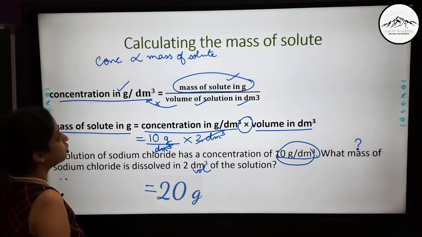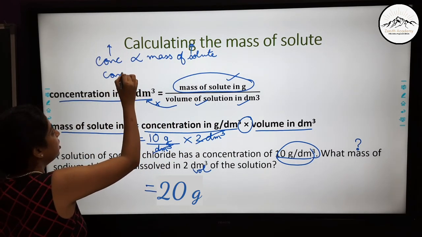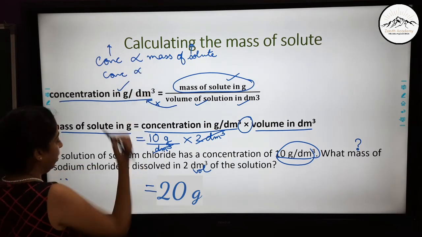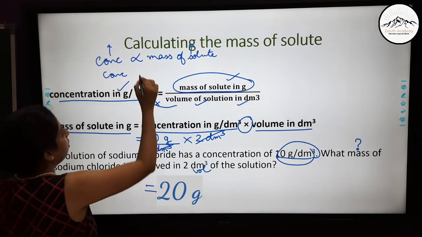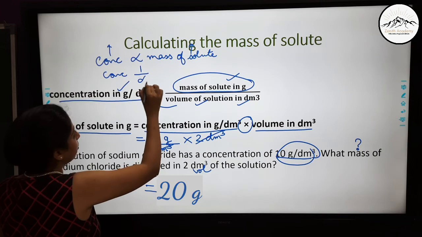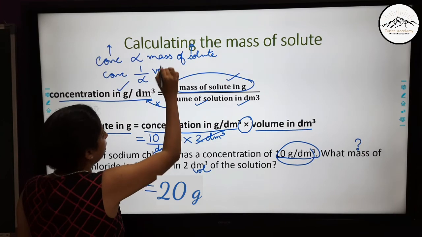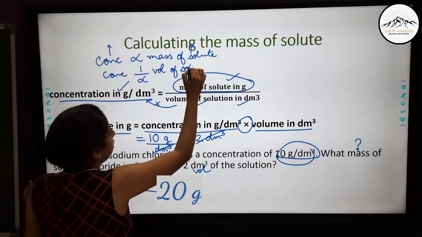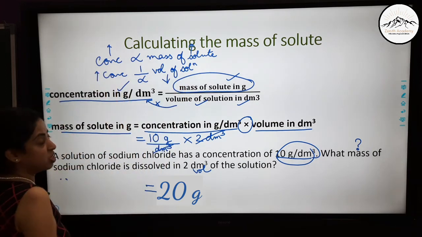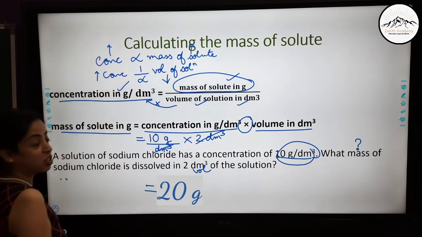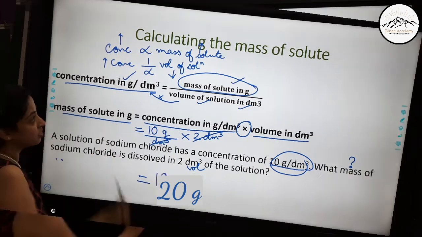Now concentration is inversely proportional to volume of the solution. So if the volume of solution is less, the concentration is more, and vice versa. If the volume of solution is more, concentration is less. So this is how mass and volume are related to concentration.